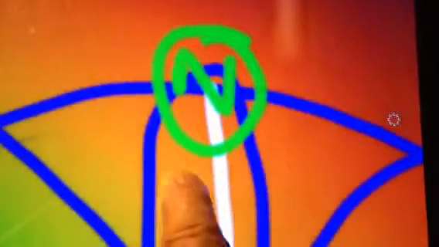Over here we have 12, whoops, can you see that? That's good enough. p.m. And over here we have 6 p.m. And then over here we have 12 a.m. midnight.